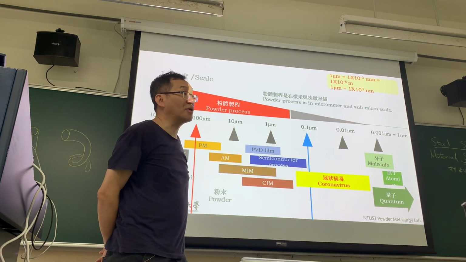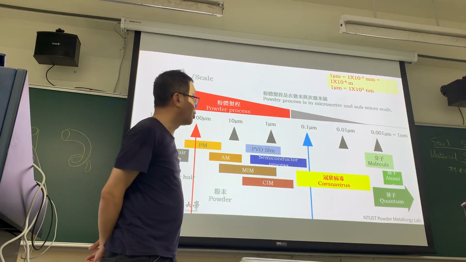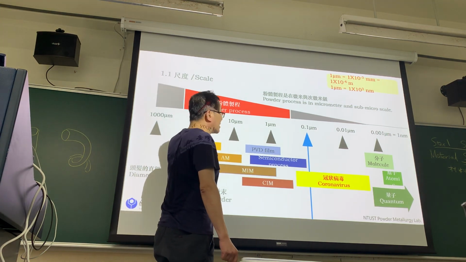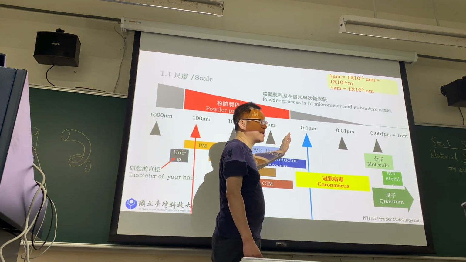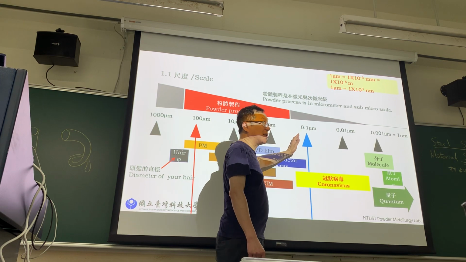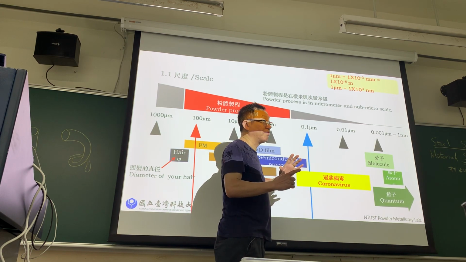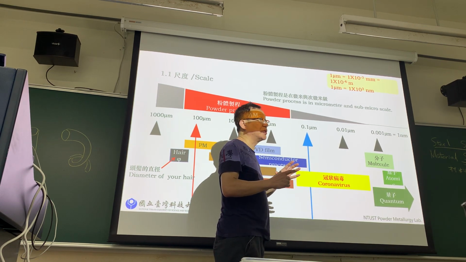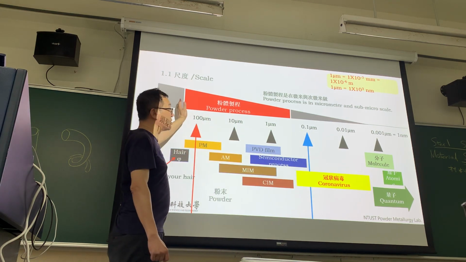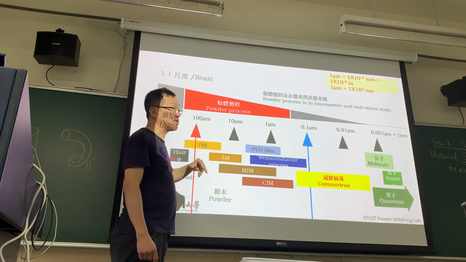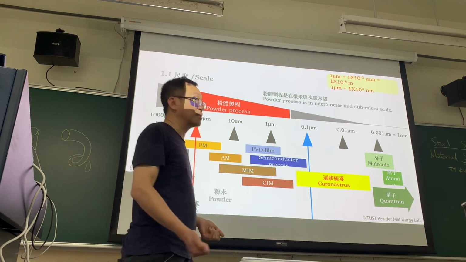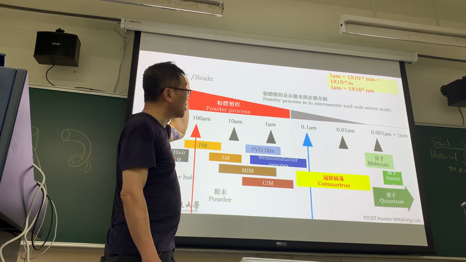So this is very small. But when the scale changes to small, everything is different, like build materials. So different dimensions will decide whether your process is easier or not. So we just need a scale.